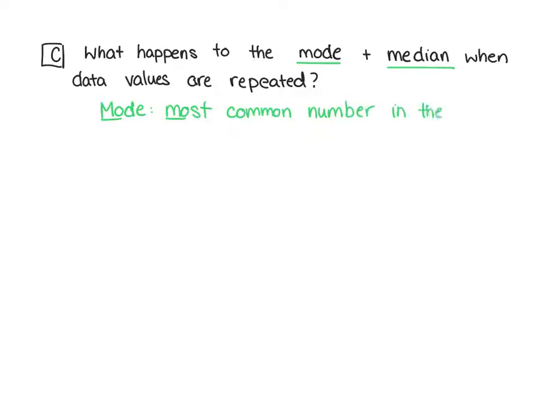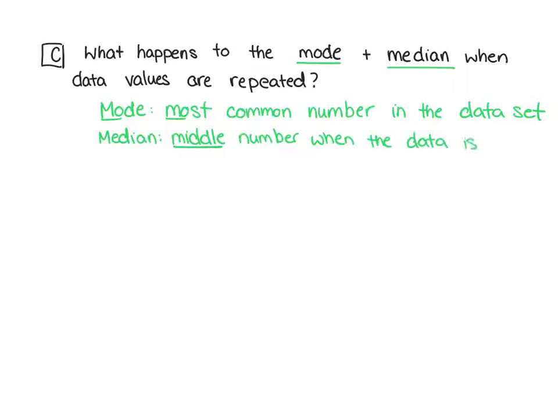So whichever number happens the most is your mode. The median is the middle number when the data is ordered from least to greatest.